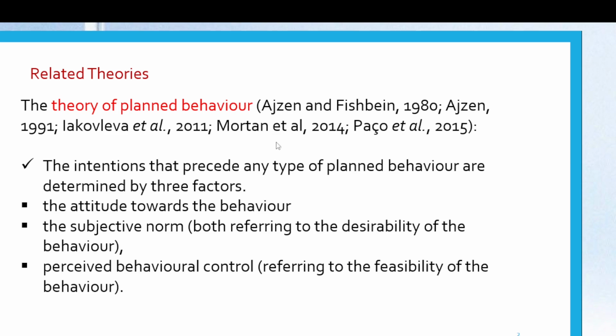According to this theory, intentions that precede any type of planned behavior are determined by three factors: the attitude towards the behavior, subjective norms referring to the desirability of the behavior, and the perceived behavior control, which means the feasibility of the behavior.